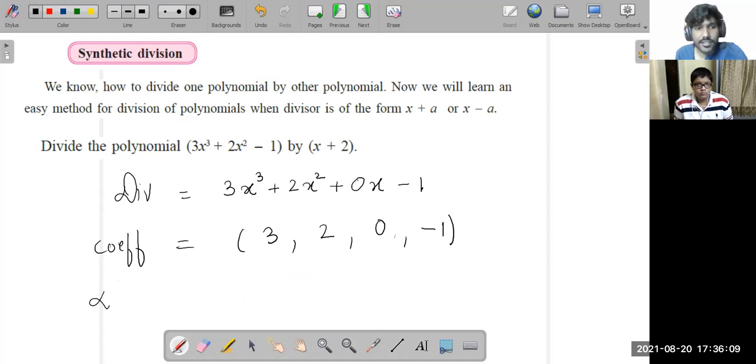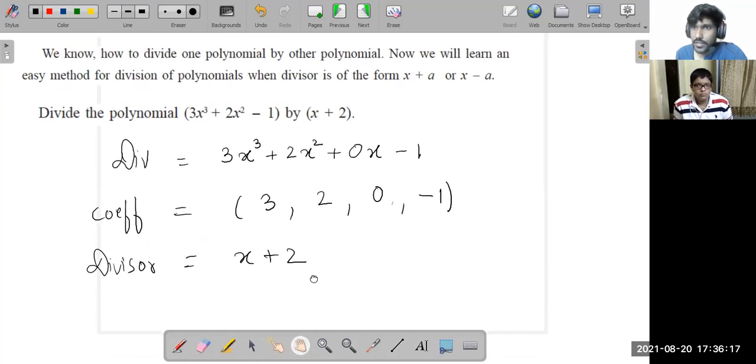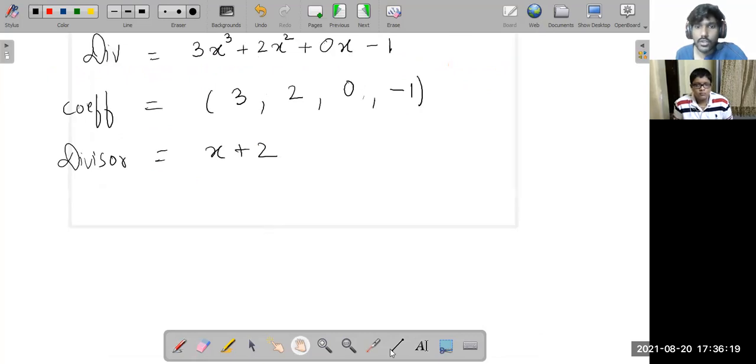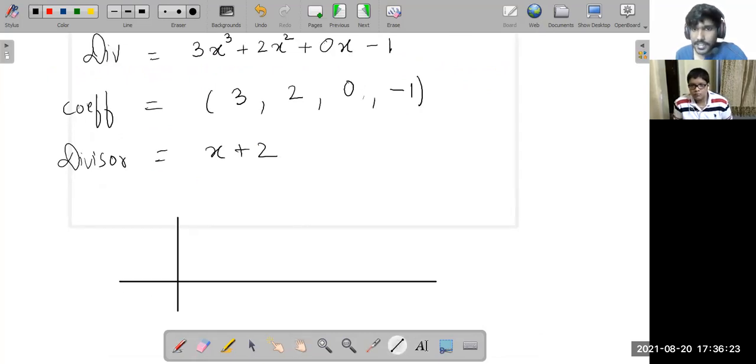And your divisor is x plus 2. Now you draw a horizontal line and a vertical line like this. Here you write all the coefficients of your dividend polynomial: 3, 2, 0, and minus 1. Understood?